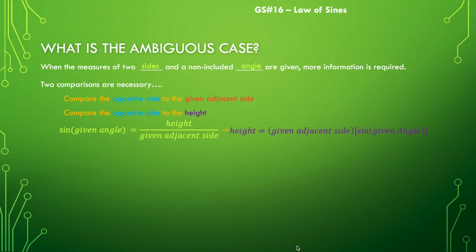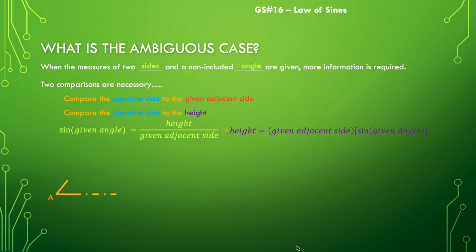All right, so let's look at some situations, and you'll be able to see why this is called the ambiguous case, because there are so many possibilities. Okay, so let's start by looking at this one.